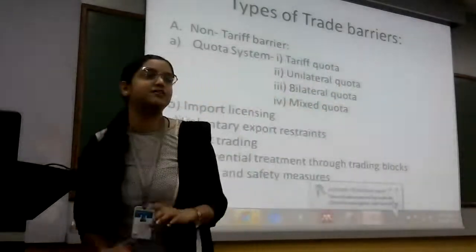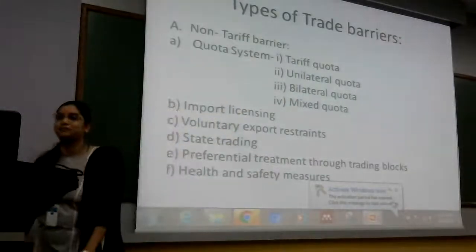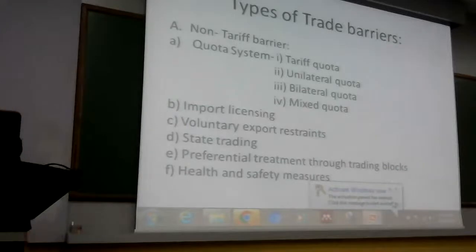They will circulate. Don't do anything with my copy. This is my rough copy from college. That is my college copy. From trade barriers. Page number 92 or something, I guess, right?